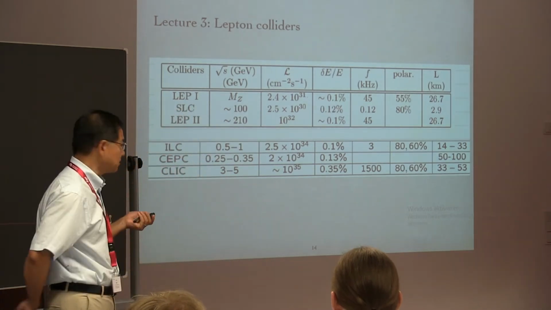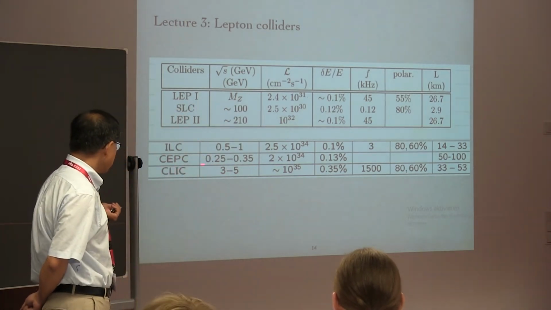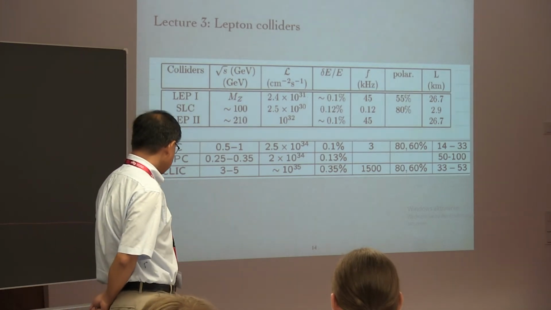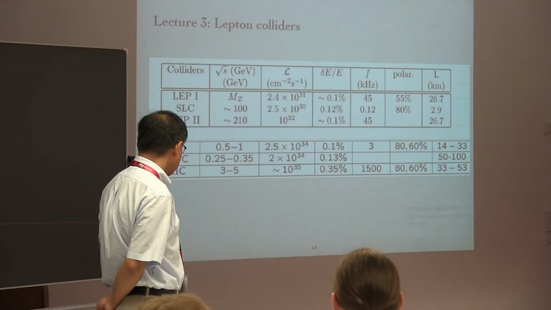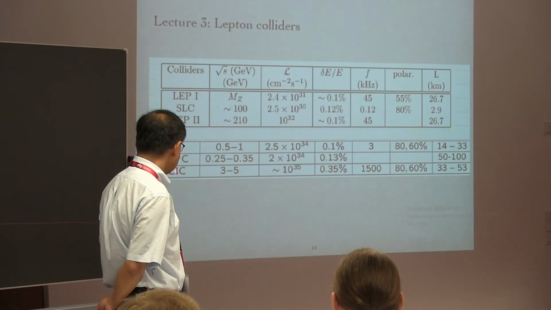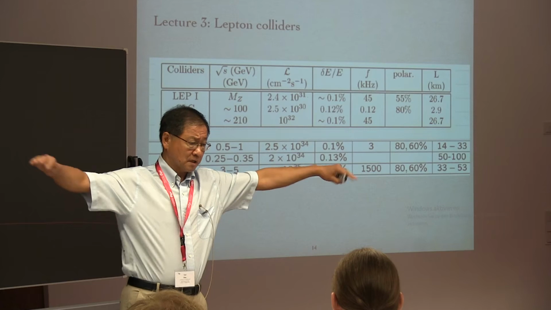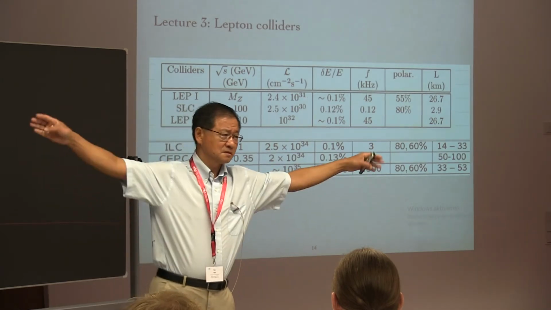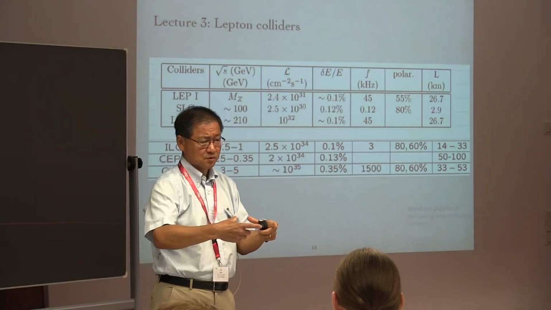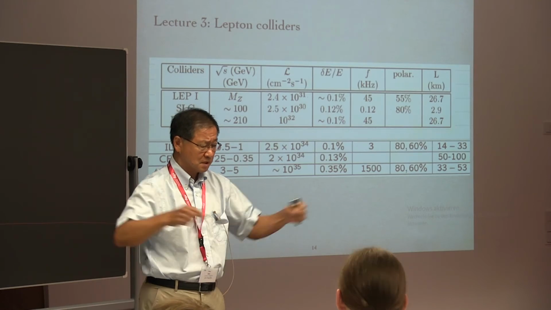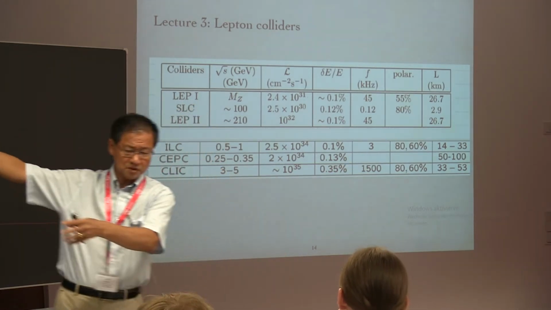I will come back to the example there. Then in the future, we may be able to do this at CLIC, I think that's the CERN linear collider, which is much longer. With a linear collider, you can make it longer and longer, just keep going. With a circular collider, you fix your ring already, so you have to do a magnet. So for a linear collider, to make it longer, you add a few more pieces.